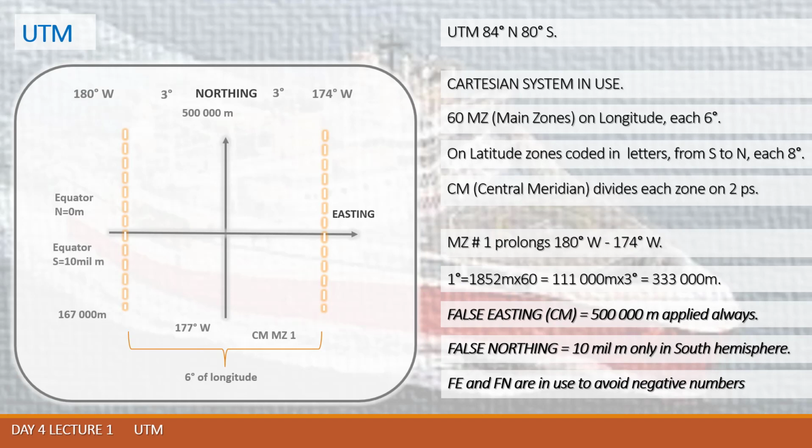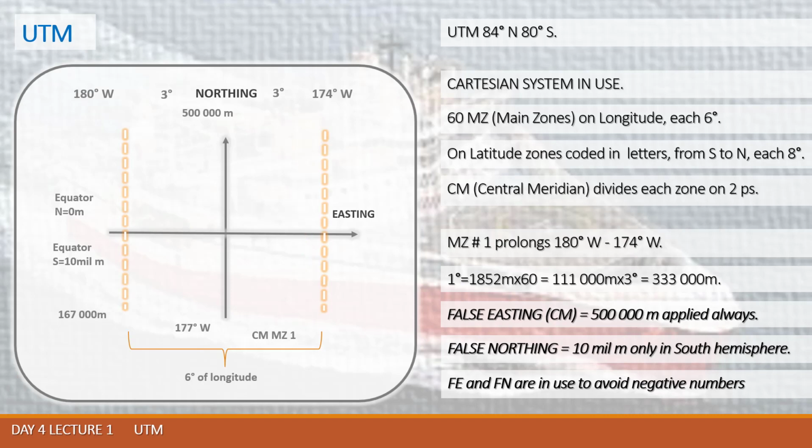Now in the drawing you see that I tried to use the conversion of 3 degrees to meters for the values assigned to the vertical bars, which are the borders of the UTM zone by longitude.